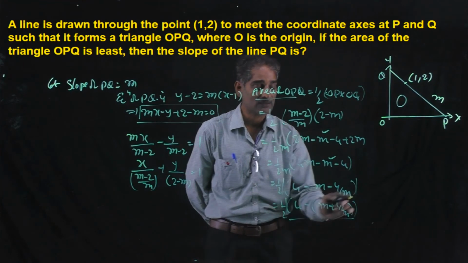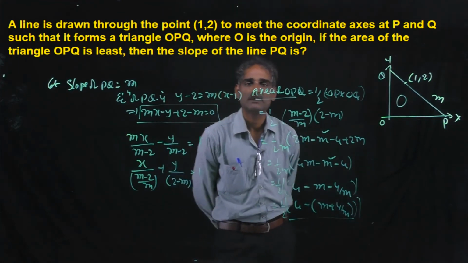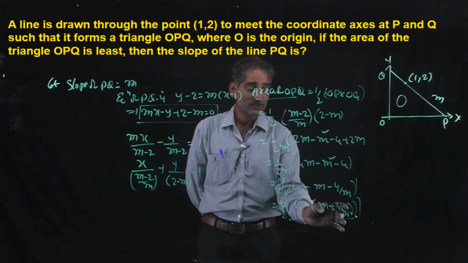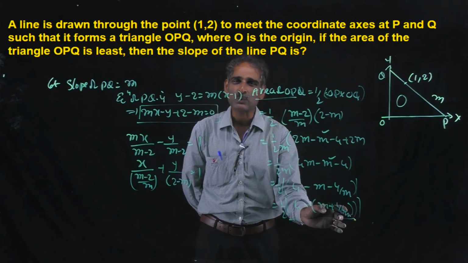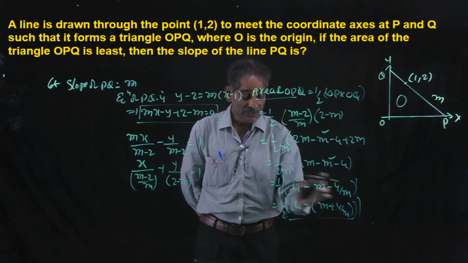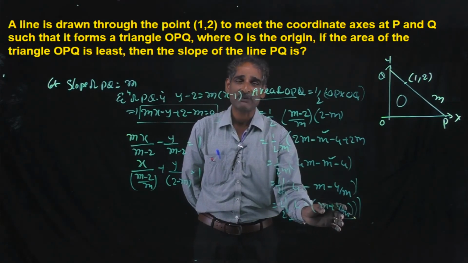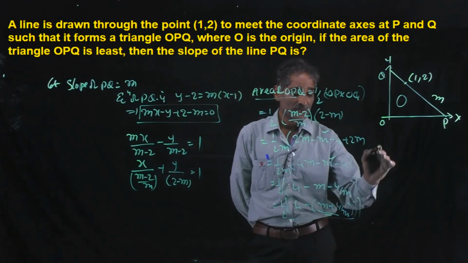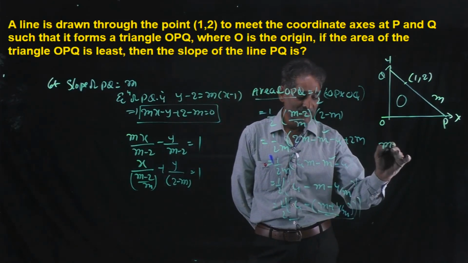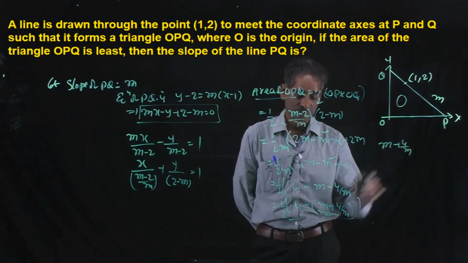Mod is there, so that depends upon this one. In case of m positive, it gets the minimum value at the maximum value of this. Okay, so just take this one, m plus 4 by m.